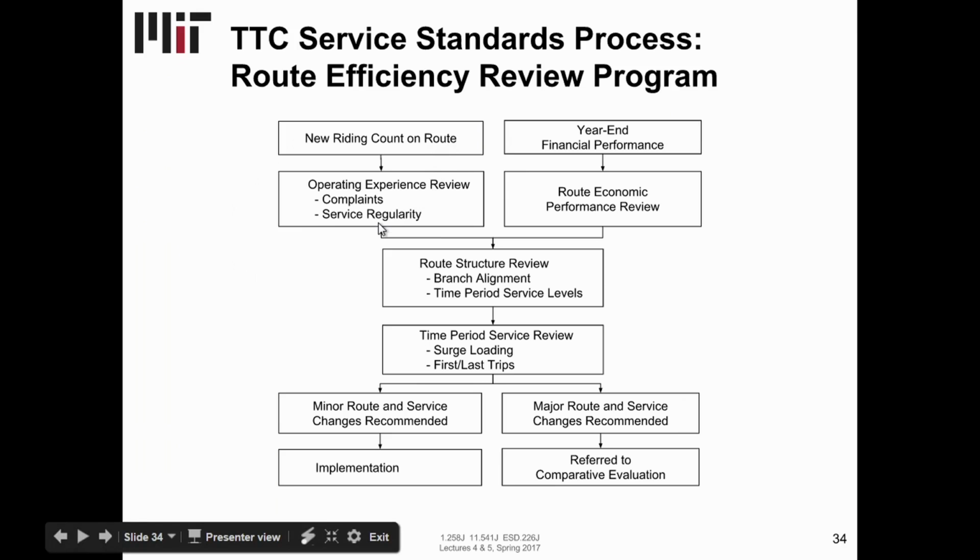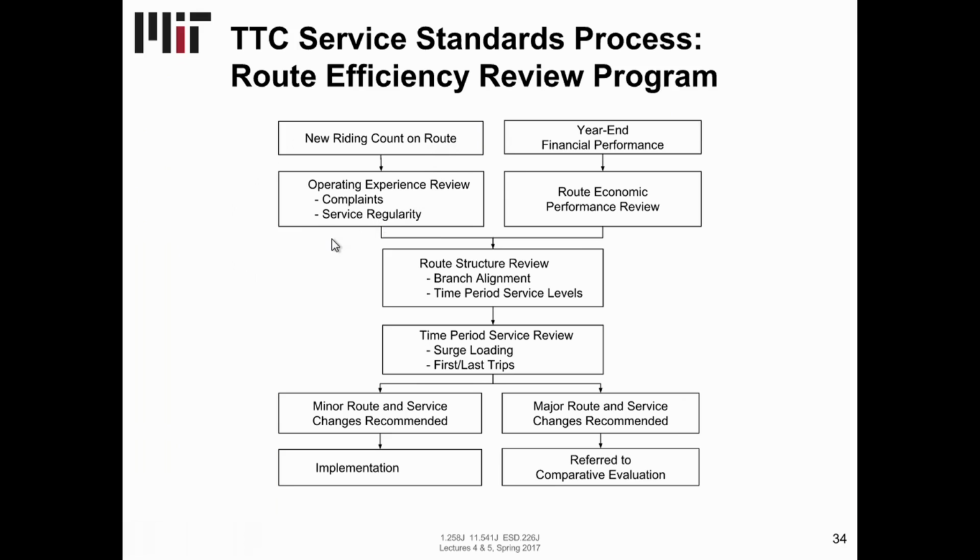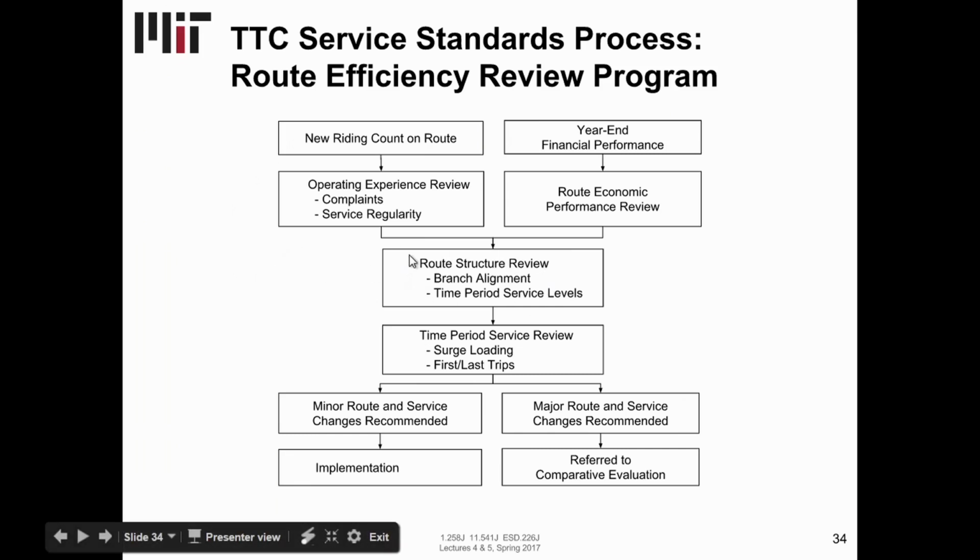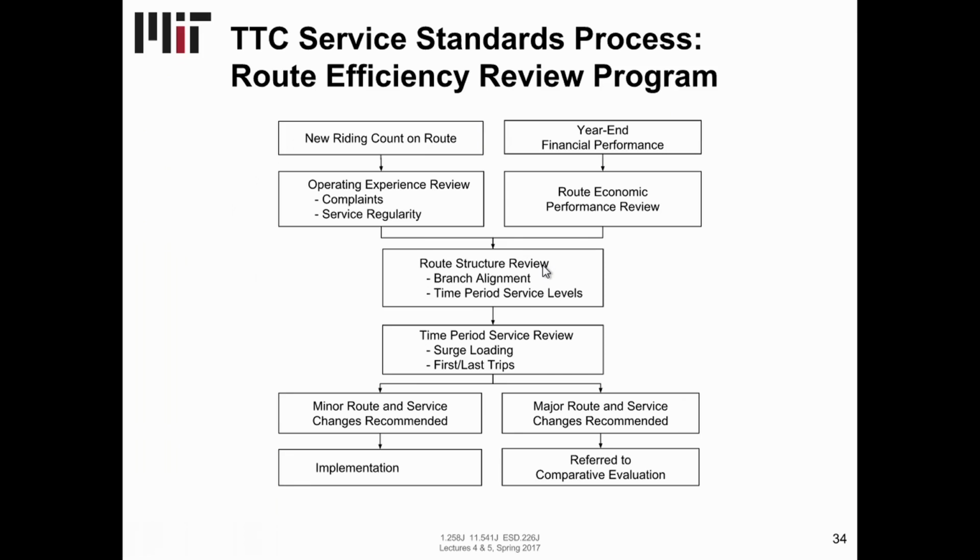That is complemented with the record of complaints, customer satisfaction reports, and service regularity. It is combined with the financial performance and the measure of costs spent on each route. Then it comes to this joint here, reviewing the structure of the route.